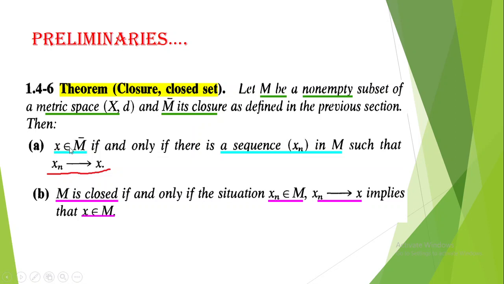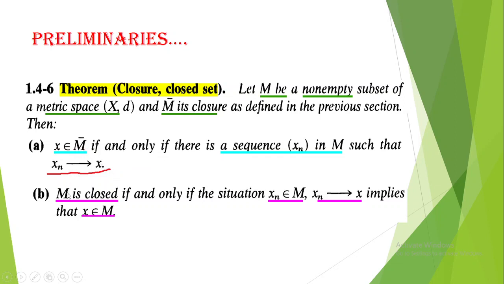Then x belongs to the closure of M if and only if there is a sequence x_n in M such that x_n converges to x. So x belongs to the closure of M if it is the limit point of such a sequence.